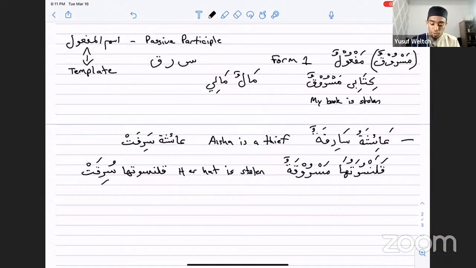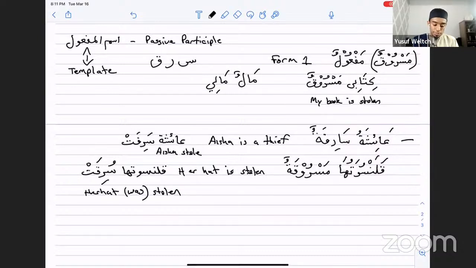Aisha sariqat, Aisha stole. So here we're using tense. Aisha stole. Qalansuwatuha suriqat, her hat was stolen, and the 'was' is part of the translation, not just something we have to put in.